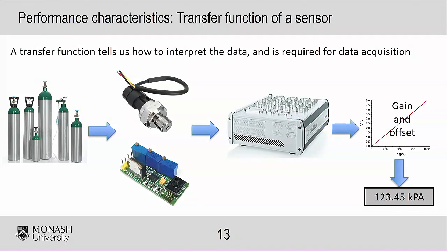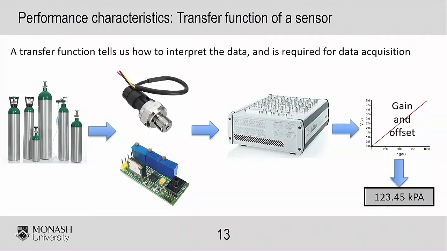It then typically goes through a data acquisition system. So a data acquisition system is something that records the voltage or the current change of the sensor, or whatever parameter that is, and converts that to a usable value. Okay? So basically within your data acquisition, you then apply a gain and an offset, which gives you this line.